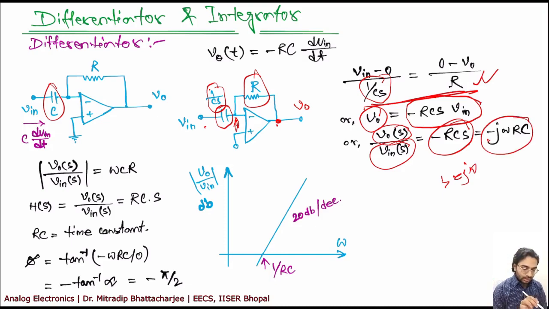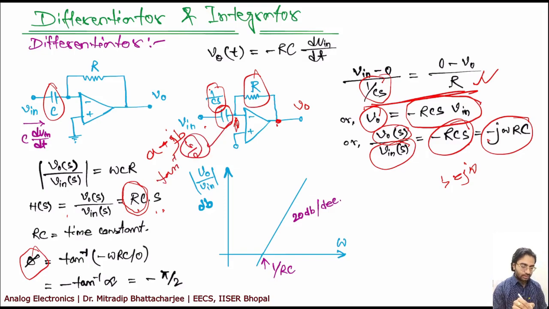So you have a transfer function now which is RC into S. Here RC is the time constant, and for the phase value, if you have A plus JB, then tan inverse is B by A. Just apply this rule, you will find your phi value is minus pi by 2. Okay.